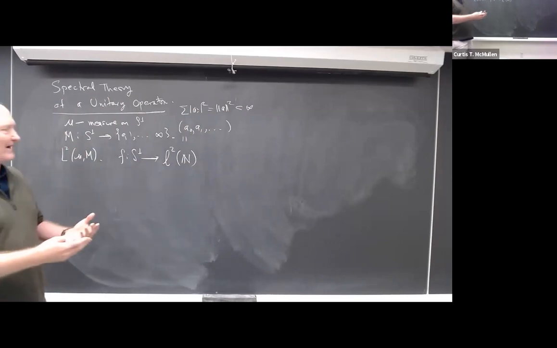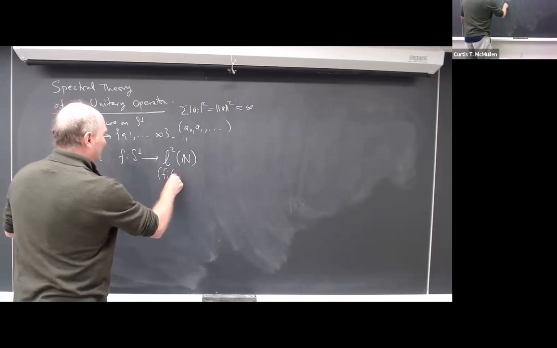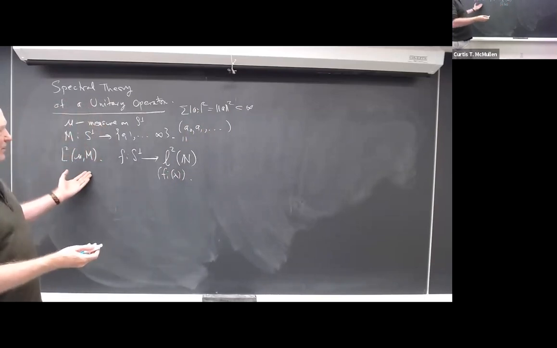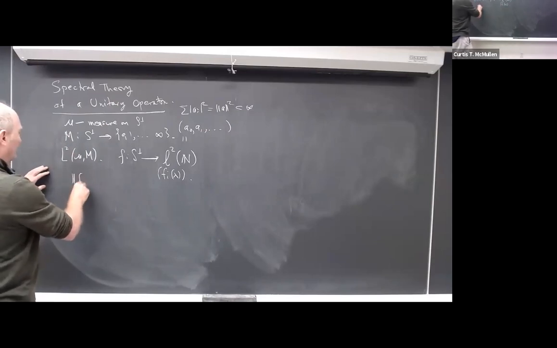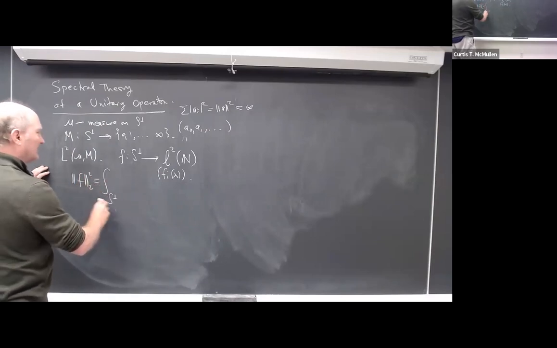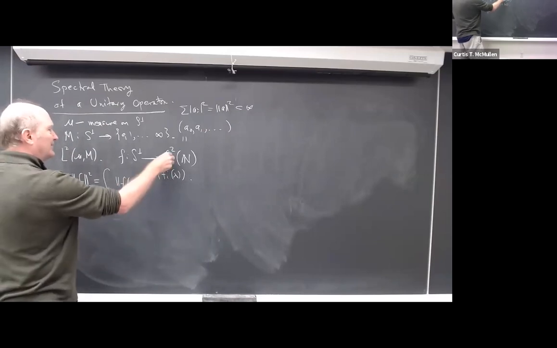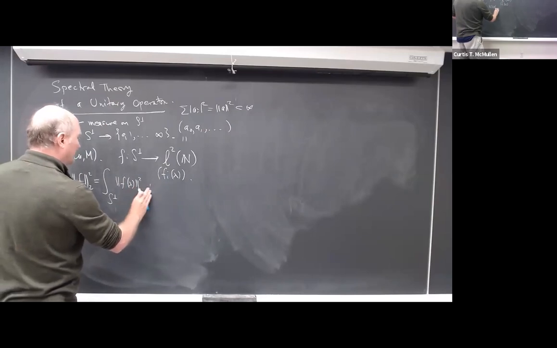And so at every point, we are given a sequence, Fi of lambda. And there's an obvious L2 norm on this space, which is that the norm of F in L2 squared is the integral over the circle of the norm of F at lambda, which is a point in little L2, squared, with respect to this measure mu.